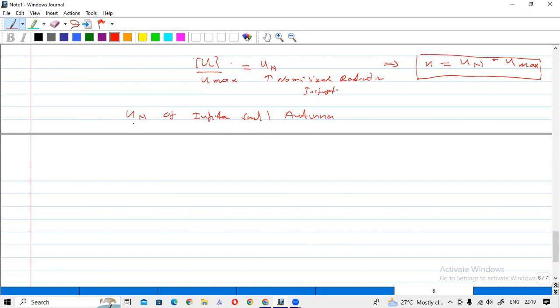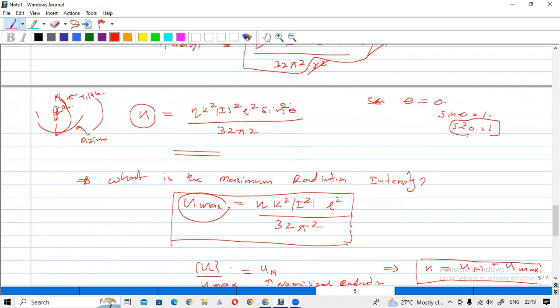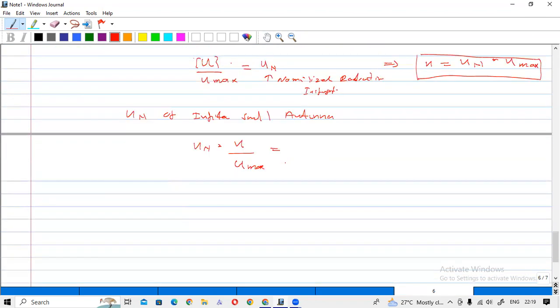So what is the value? You know that UN is nothing but U divided by U max. So this is the U and this is the U max. If you divide U by U max, this part and this part cancel out and you will get only sine square theta.